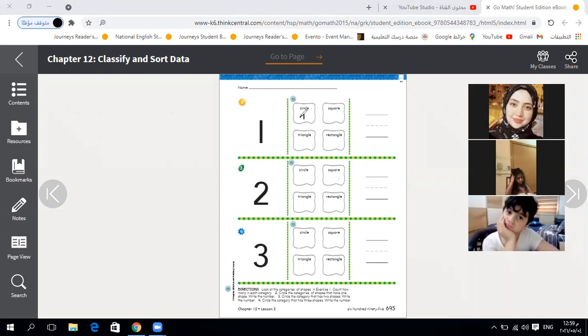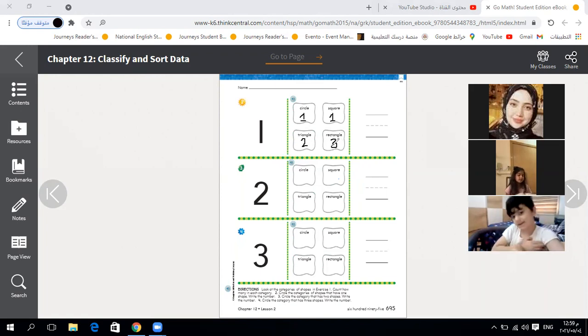Can you tell me, Hala, how many squares do we have? One. We have one also. Bravo. We have to write here number 1. And can you tell me how many triangles do we have? Two. Bravo. And how many rectangles? Three. Excellent.